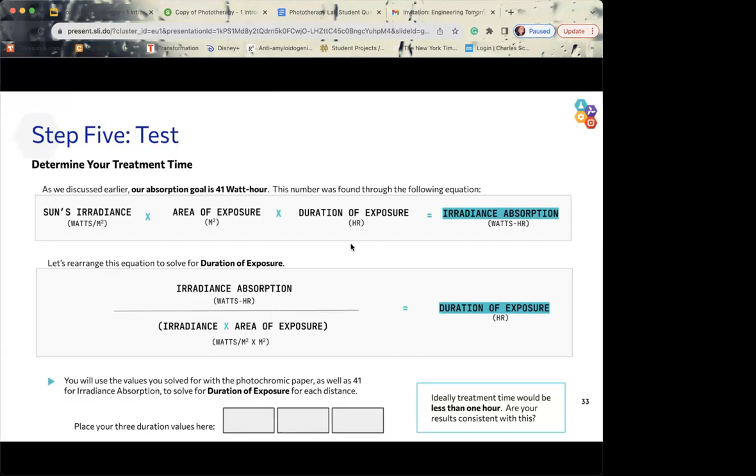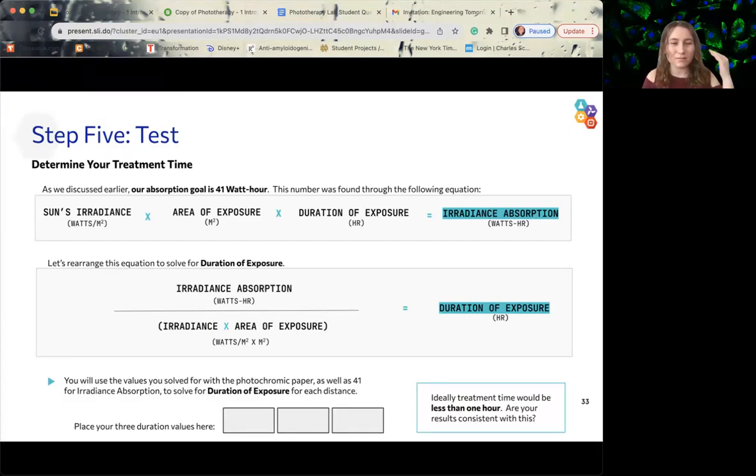So with that specifically, we're going to look at the irradiance that you were measuring from the paper and the area of exposure. All right. And from that, you're going to get the duration of exposure. And with this, you're going to get it for each different distance that you're actually creating. All right.